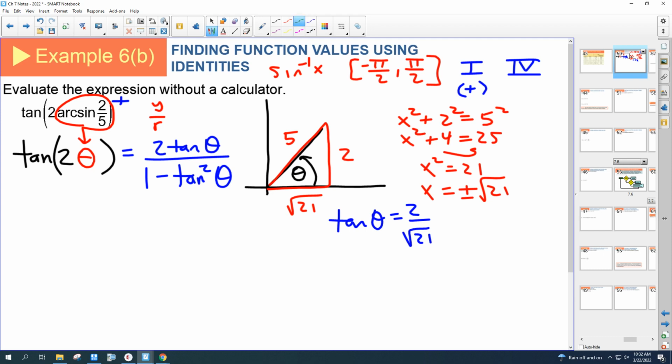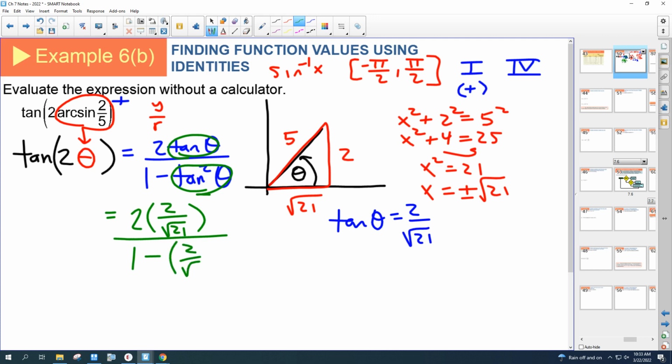It's kind of a mess from this point because you've got some weird, messy fractions. I'm going to plug in tangent right here and here. So we've got equals 2 times that tangent theta was 2 over square root of 21 over 1 minus, and again, tangent theta was 2 over square root of 21, but then we have to square it.